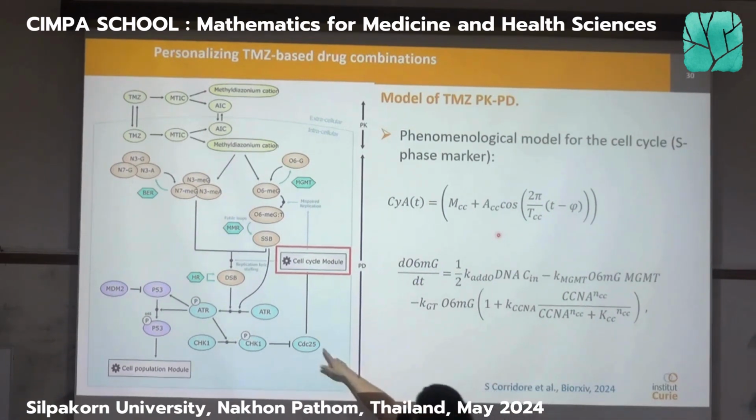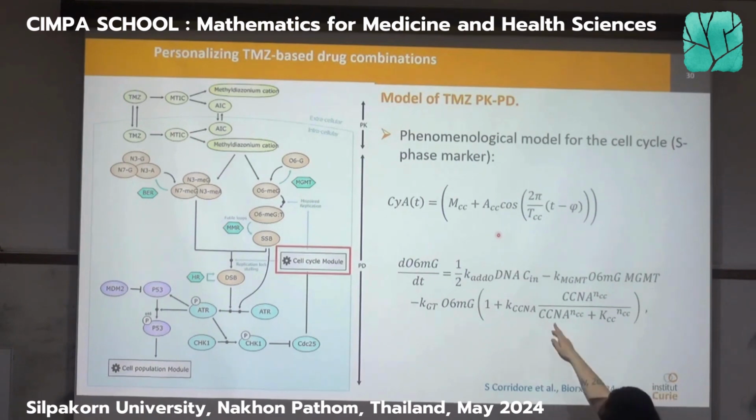here the cell cycle inhibition. So this is the S phase marker. The exponent is super high, and basically it goes like this, that's the marker. And CCNA is actually CCNA, and that's its function.